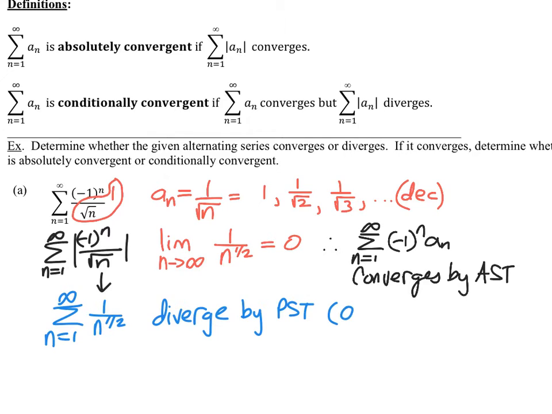And that's because the p-value is less than or equal to 1, more than 0, less than or equal to 1. All right, so therefore, lots of therefores in this one, that original series, -1 to the nth times a sub n, is conditionally convergent.